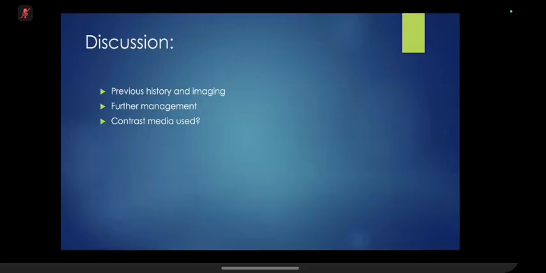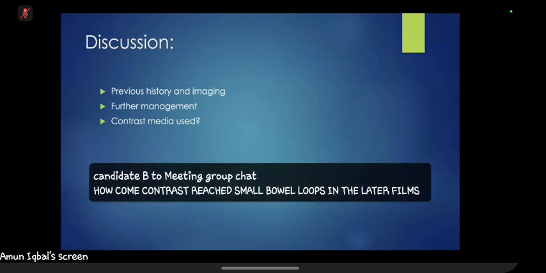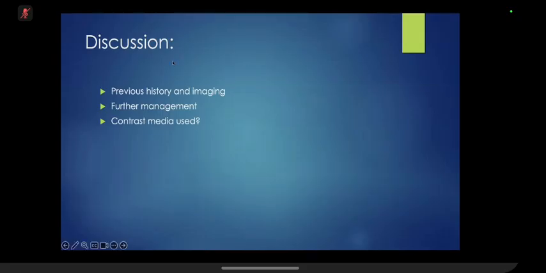Low osmolar contrast media, because if we use the gastrografin, it may cause pulmonary edema, so we cannot use it. We should use low osmolar contrast media. If we use the barium, there may be a fistula with the lower part of the esophagus, so we are afraid of peritonitis.